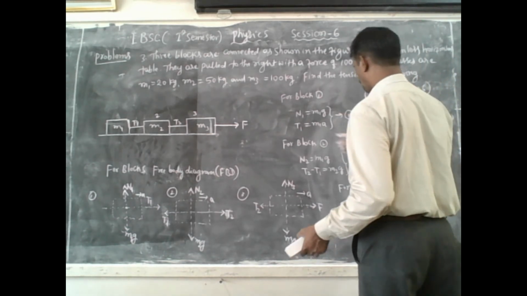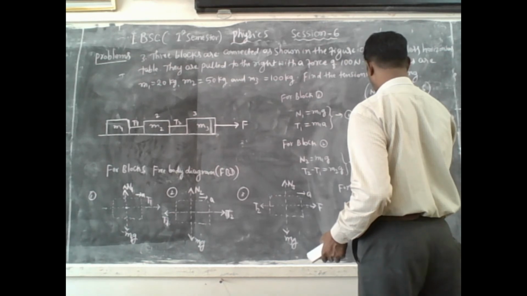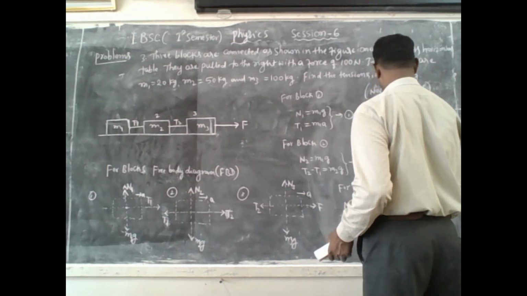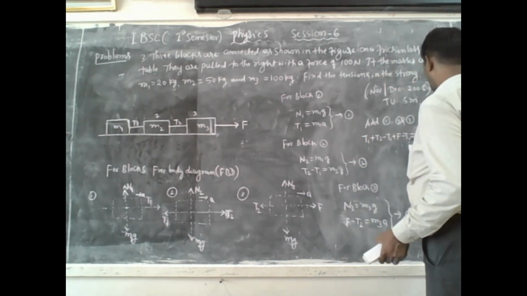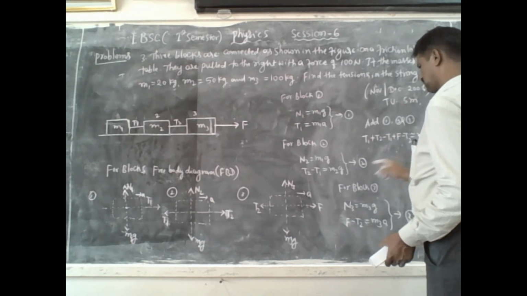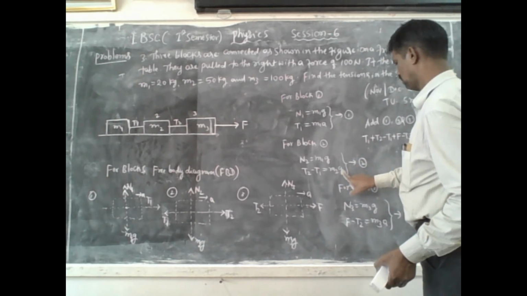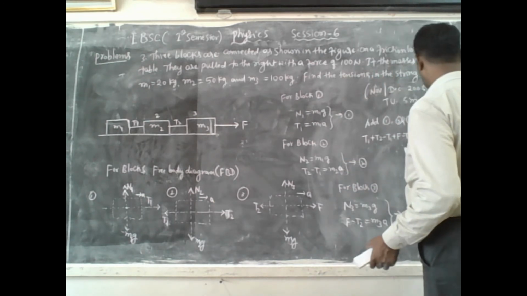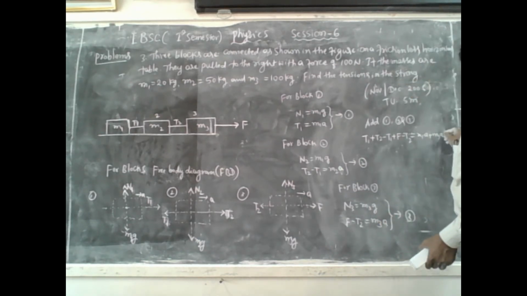Okay, so now T1 plus T2 minus T1 plus F minus T2 equals M1A plus M2A plus M3A.